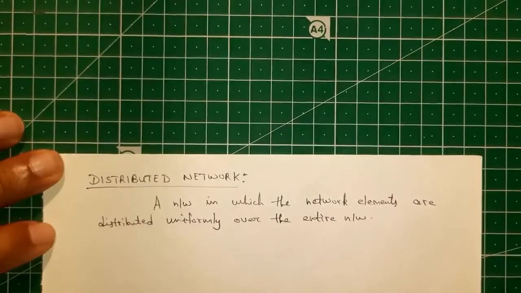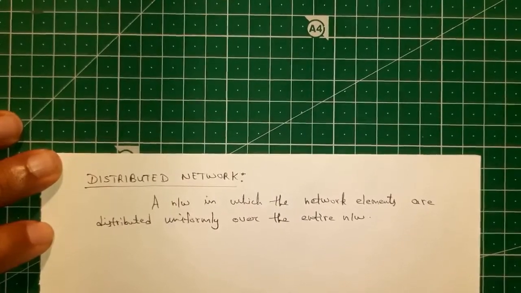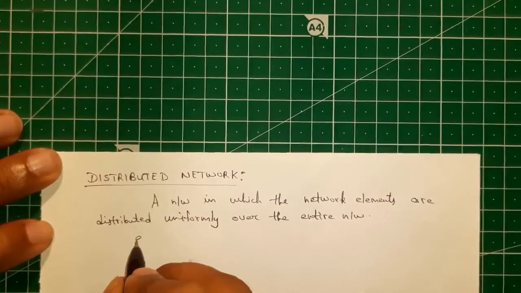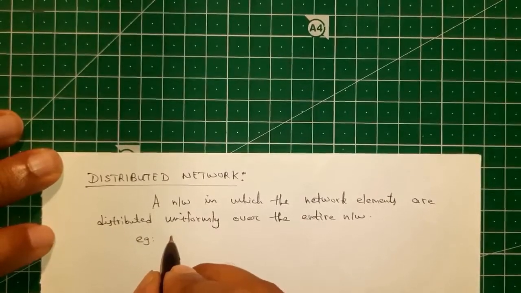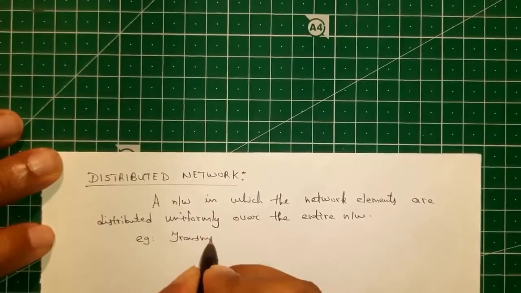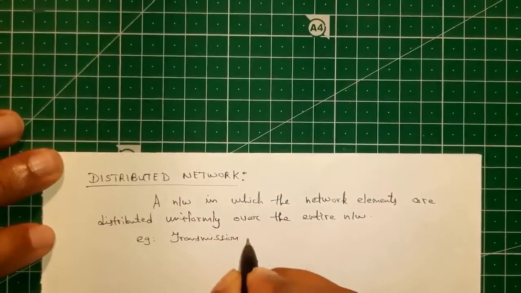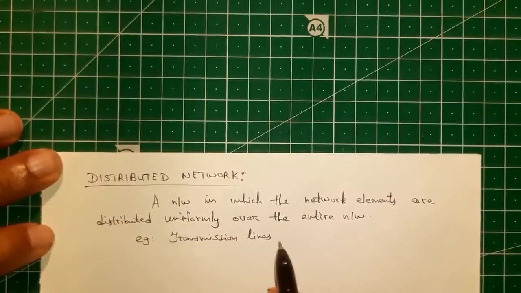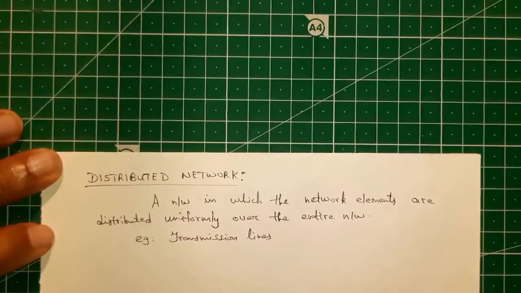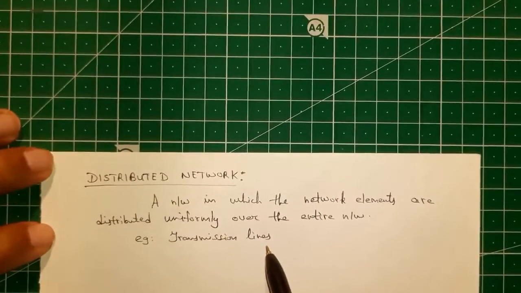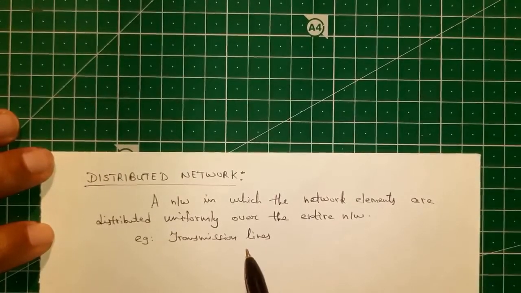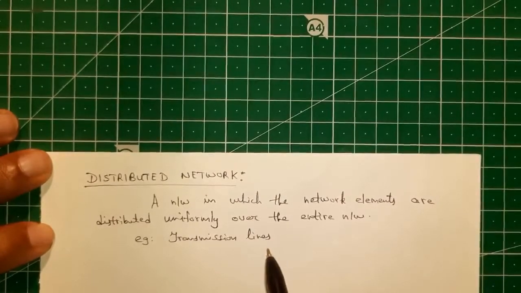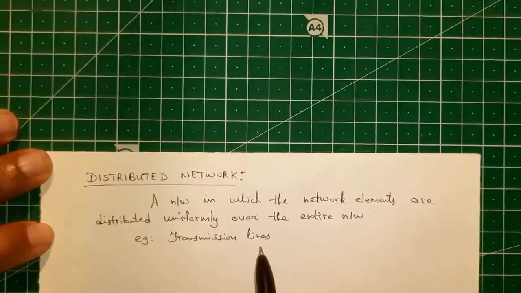So where can you see such distributed networks? You can see that in transmission lines, both power transmission lines as well as signal transmission lines. These transmission lines are stretching over several kilometers. So these have got resistance, inductance, capacitance, etc. that is getting stretched or distributed over several kilometers like that.